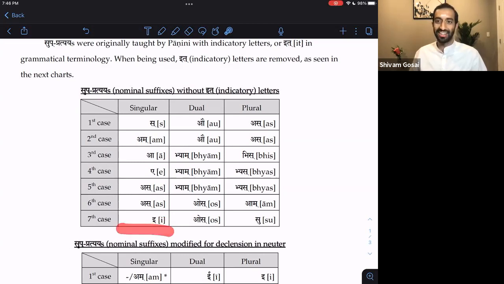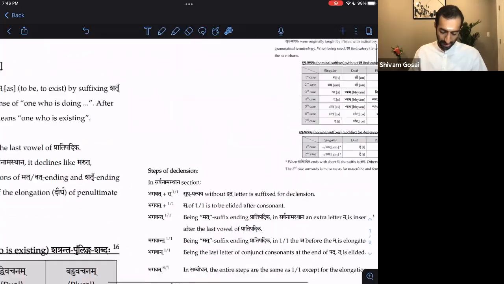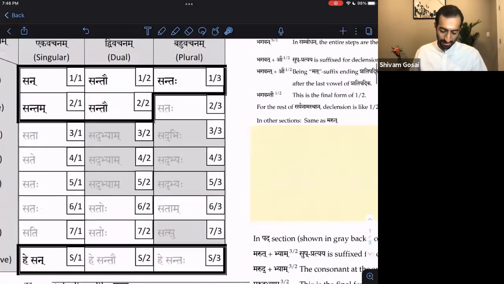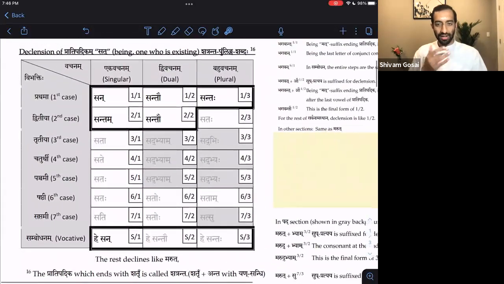This is where Sati. Sati, Satoho, Satsu. This is also part of the Pada section, but it doesn't become da, it goes back to takara. So it's Satsu. Again, this is building on what we've done.